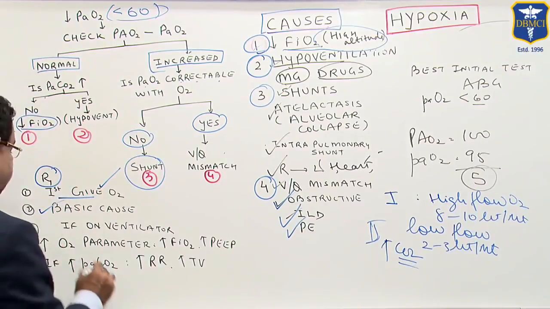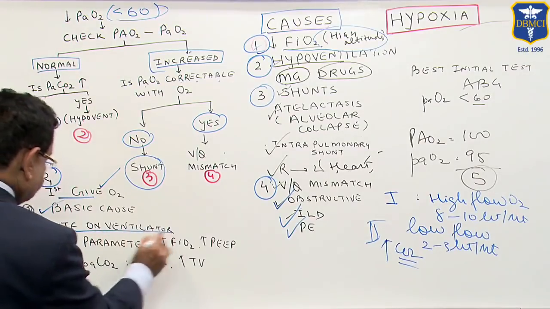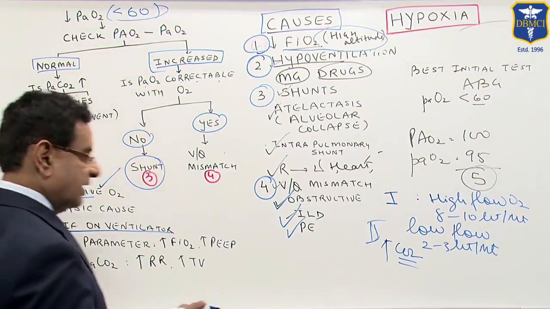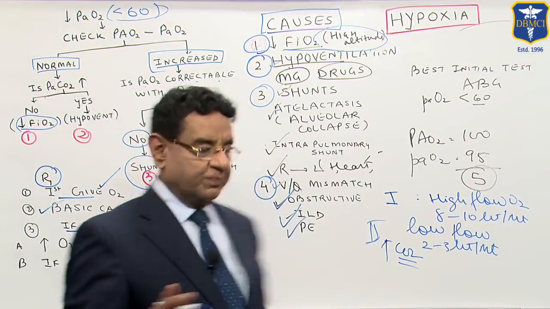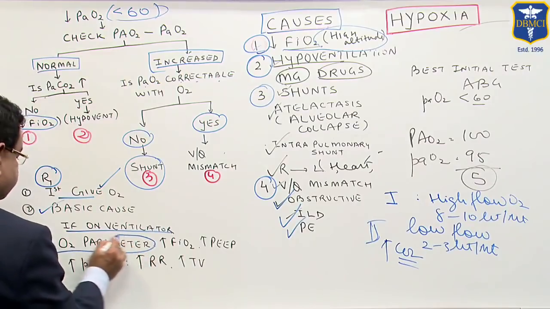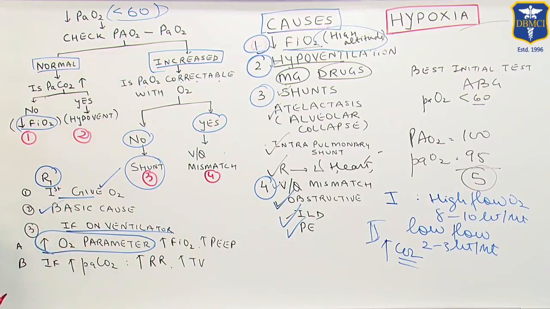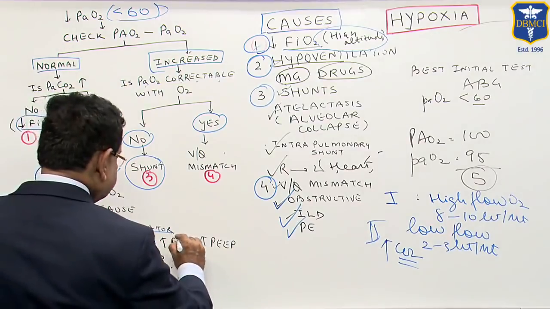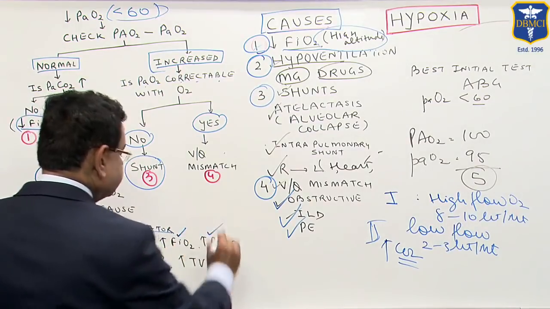Now if the patient is on a ventilator and he has hypoxia, what can we do? Either you increase the oxygen parameters. We can increase FiO2 or increase PEEP.